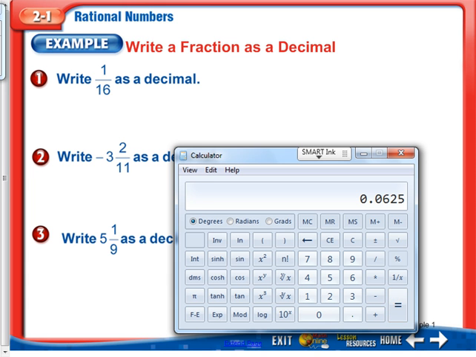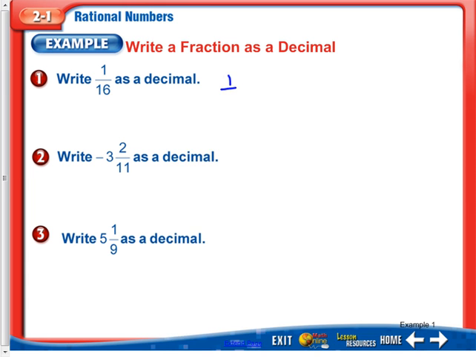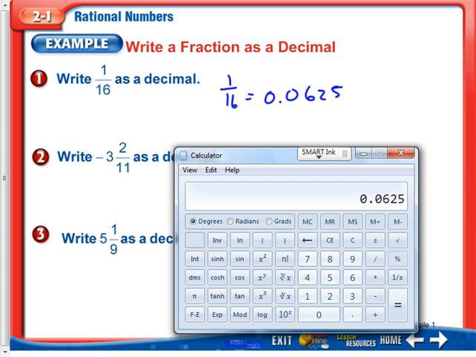If you do this in your homework, it's okay to use your calculator, but I want you to say 1/16 equals 0.0625. Write the original problem. We don't want to round anything because 1/16 is exactly 0.0625.